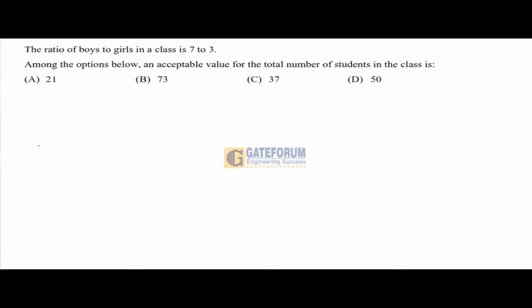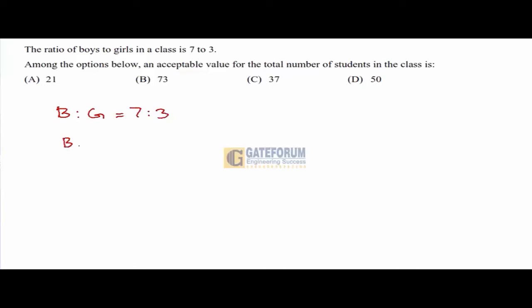The next one. The ratio of boys to girls in a class is 7:3. Among the options given below, an acceptable value for the total number of students in the class is how much? Now see, boys and girls, the ratio given is 7:3.